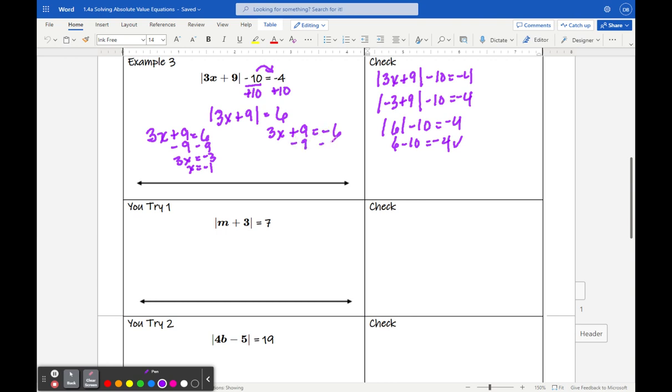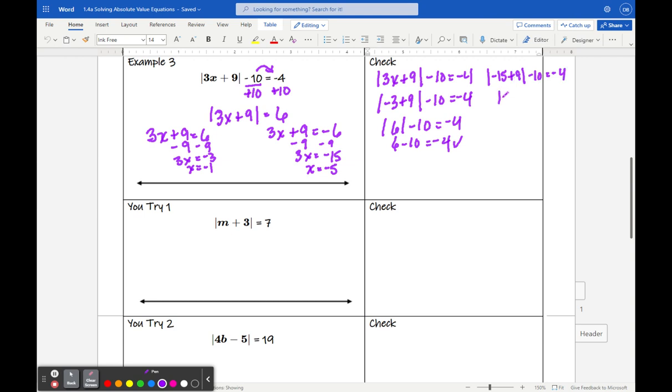So minus 9 on both sides: 3x equals negative 6, and another negative 9, we have negative 15. So in this case, x equals a negative 5. Now let's go over here and check. Negative 5 times 3 would be negative 15 plus 9 minus 10 equals a negative 4.